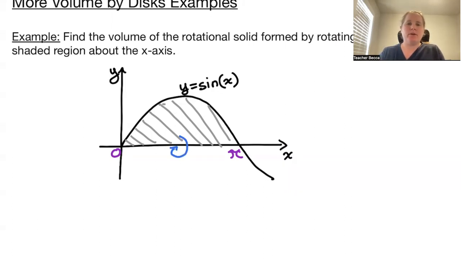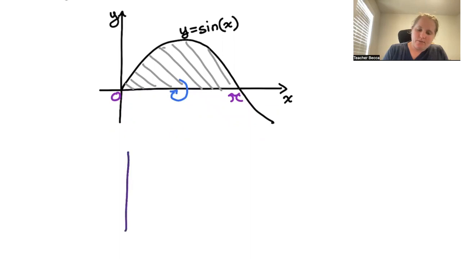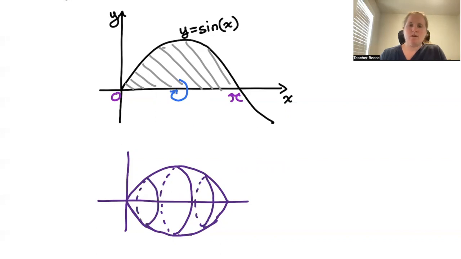So if we were to draw what this new shape would be, we would have our sine of x up top, sort of the mirror image of it below, and then we would have discs around. It'll kind of look like a football almost. So this is the region we are working with.